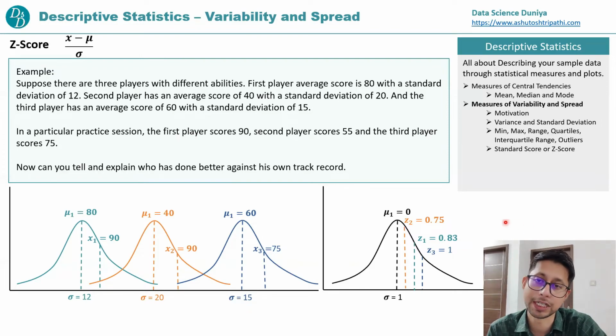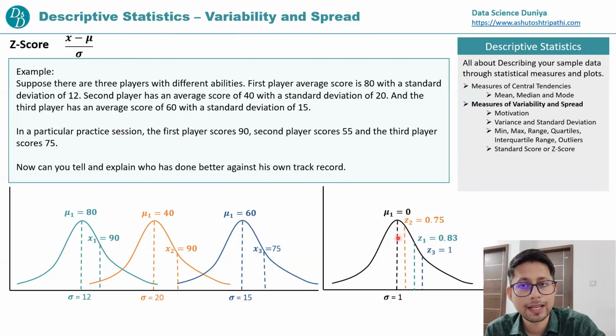Now coming back to Z score. That's why Z score is also related to the standard score, and that's why it is related to reliability. So whose Z score is less, he is going to be the more reliable player. But now, here we are comparing with respect to the mean point, that is mu equal to 0.